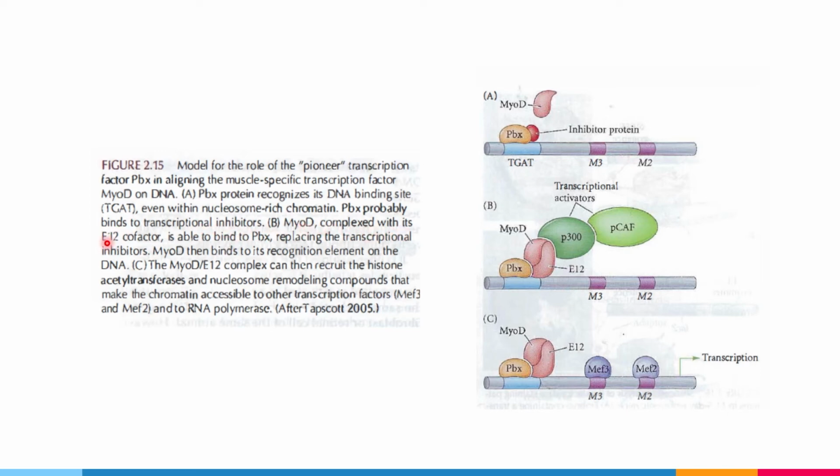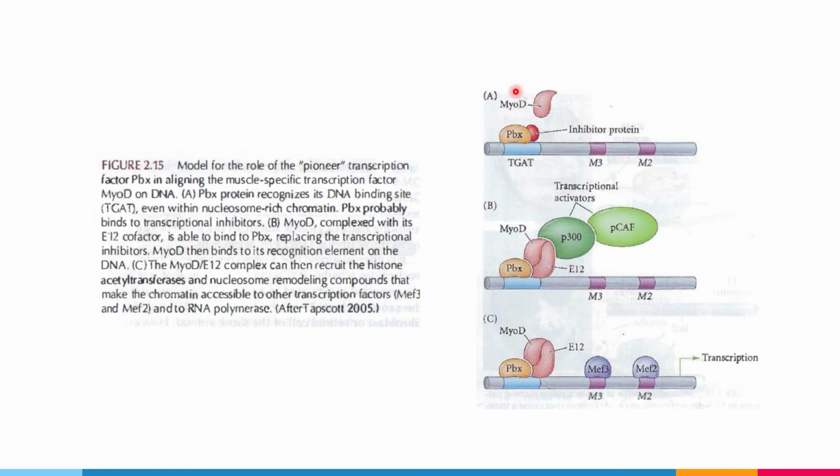MyoD complex with its cofactor E12 is able to bind to PBX and replace transcriptional inhibitors. These are the inhibitors present which are being replaced by MyoD. And then MyoD can go ahead and recruit other transcriptional activators such as MEF3 and MEF2, and start the entire transcription process.